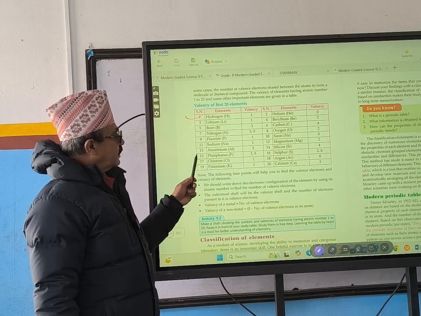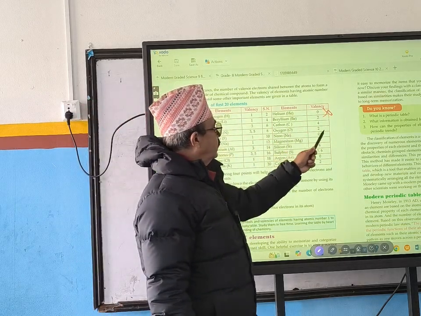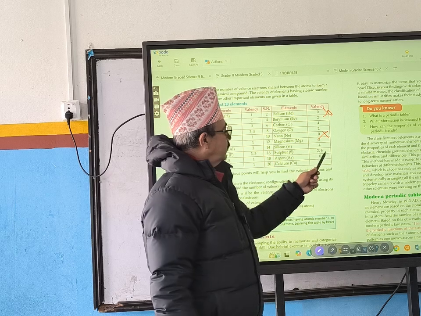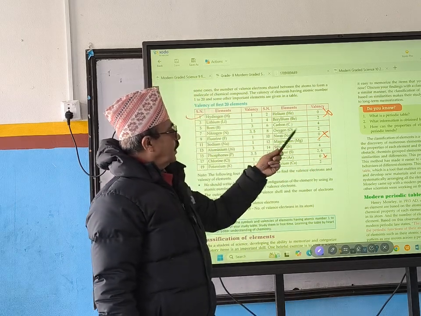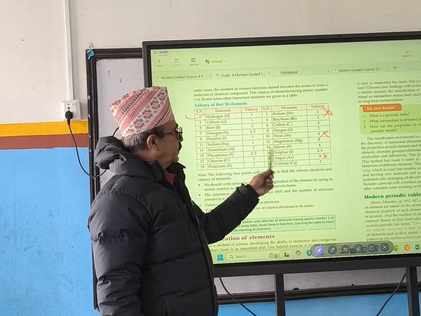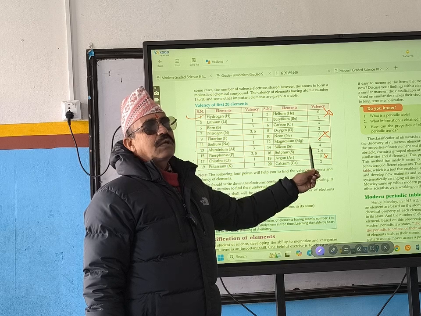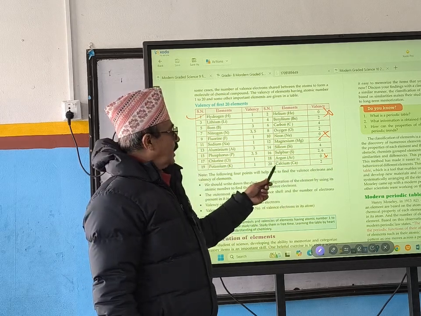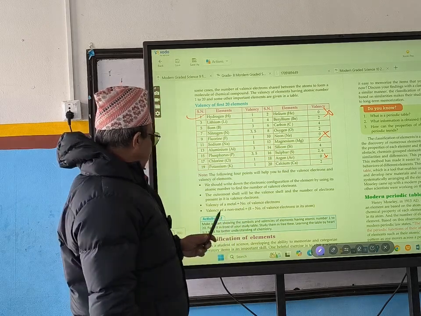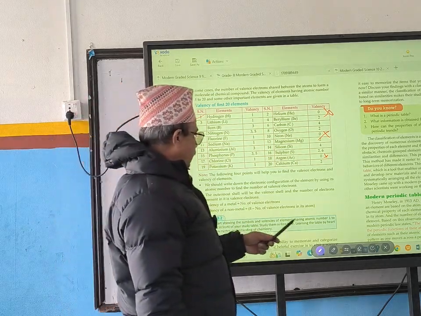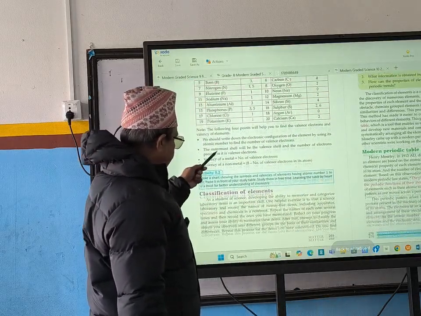Chlorine, potassium, helium 0, neon 0, argon 0, beryllium, carbon, oxygen, magnesium, silicon, sulfur, most of the time 2, sometimes 6 also. Argon, calcium, okay. So, here we have to remember their valency also. First 20, this one.